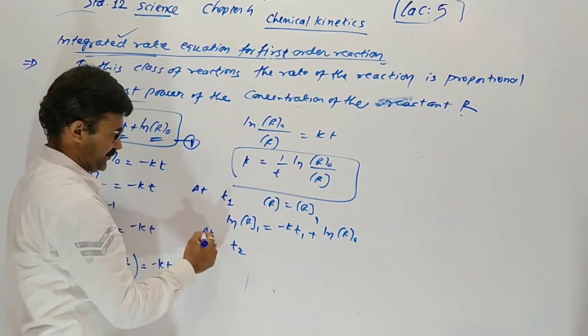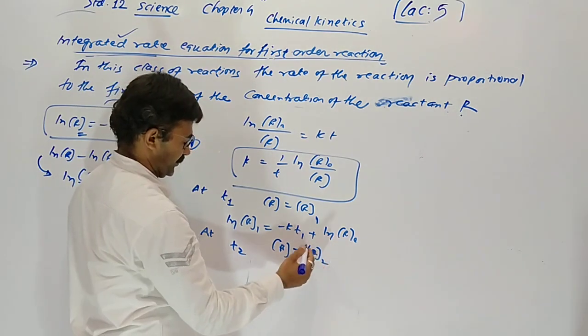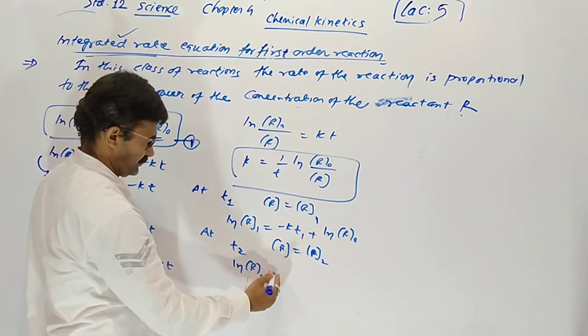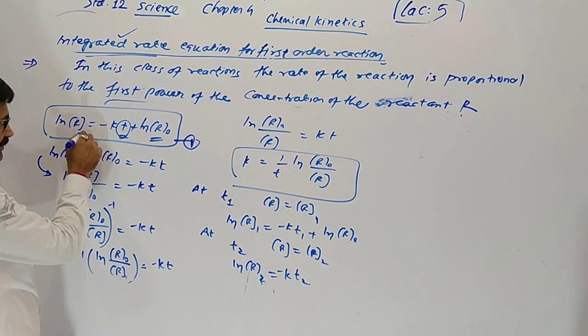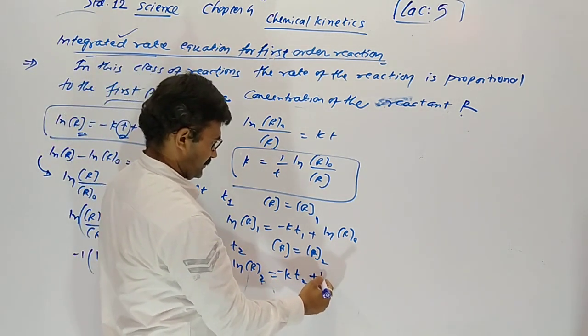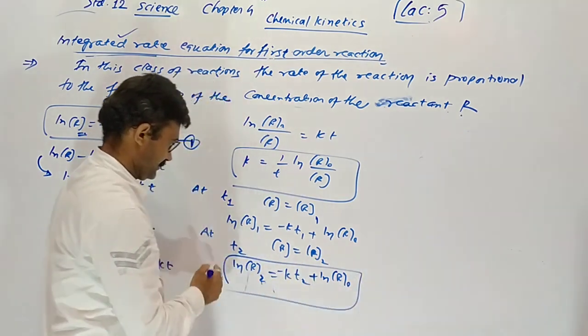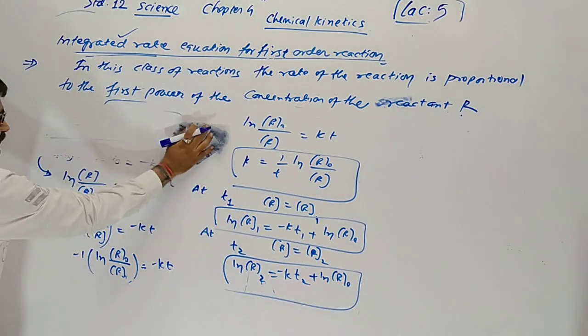Now at T2 time, concentration R is now R2. So ln R2 equals minus kT2 plus ln R0. ln R0 is constant. These are two equations at two different times.